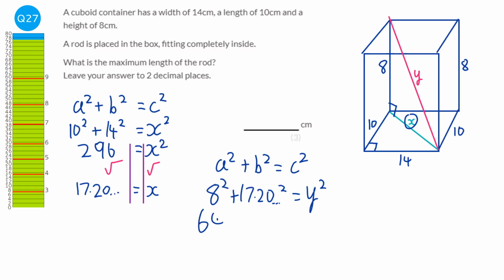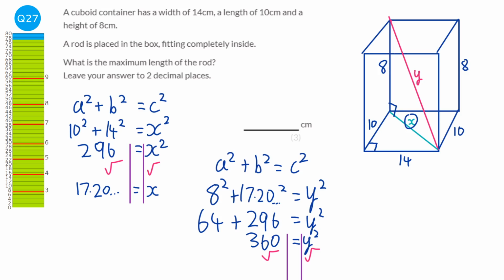So it would be 64 plus 296 equals y squared. So I'm just going to add them together, which will be 360. And again, I'm just going to put my solving lines in. Not too difficult to solve this. Make it a bit nicer, because I'm just going to square root both sides.